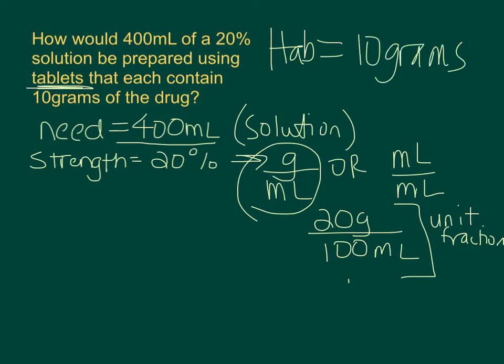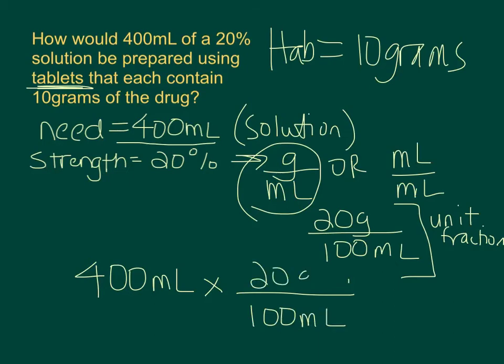So I know the question finally wants it in tablets, and each tablet is equivalent to 10 grams. So I need to get rid of the milliliters. I'm going to take our unit fraction and multiply it by that 400 milliliters, and with that unit fraction, I know that my milliliters must be on the bottom so that they cancel out.